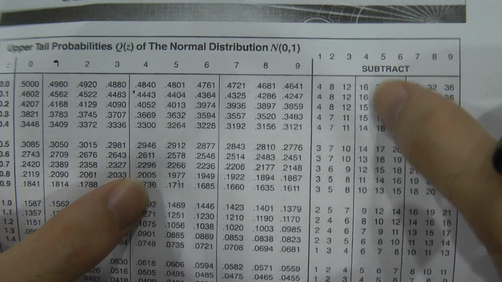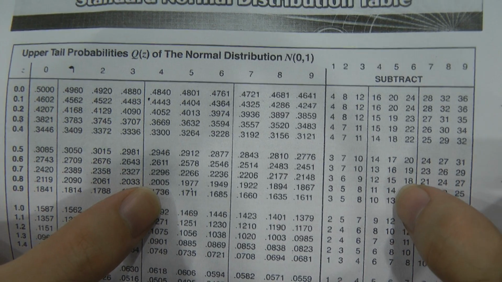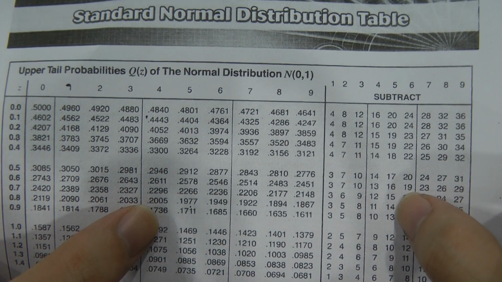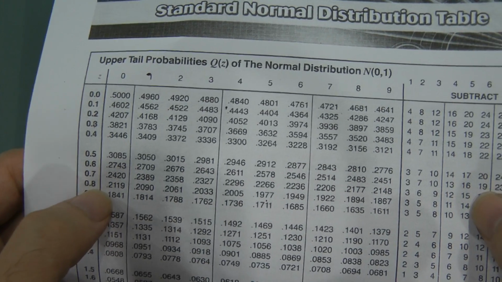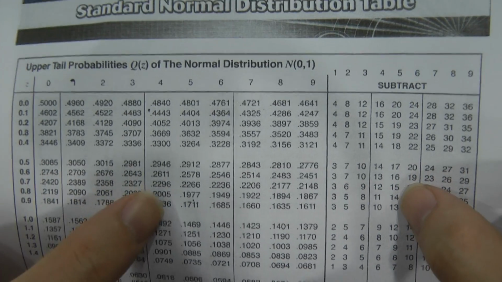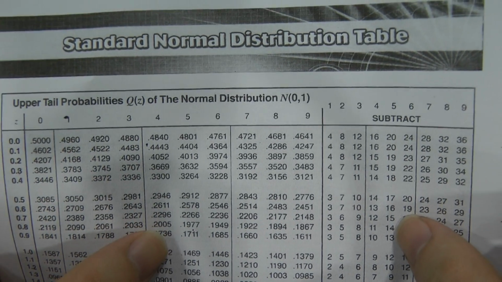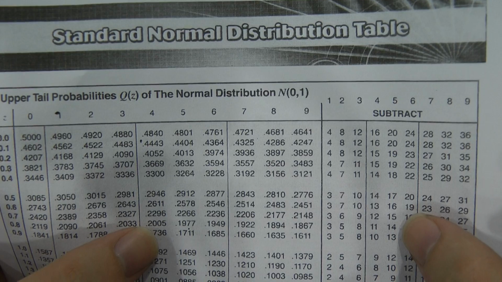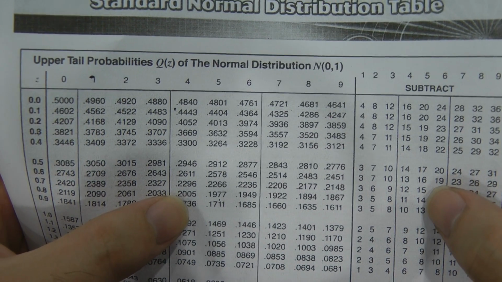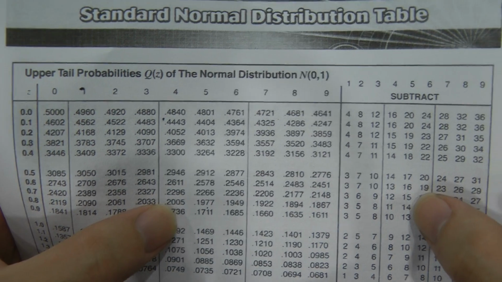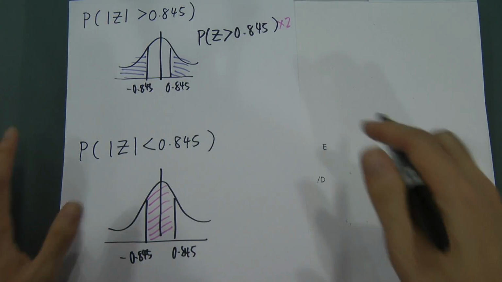It means you have to minus some value here. Here is 14. So for 0.845, for 4 here you will get 0.2005 minus 14. So 2005 minus 14.